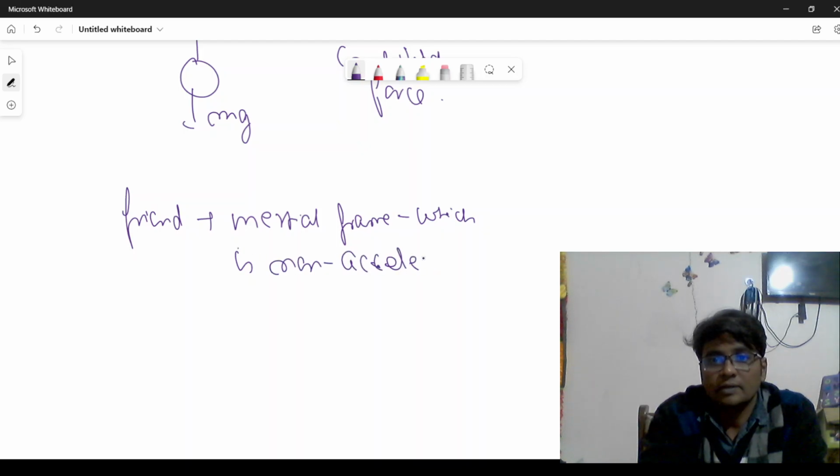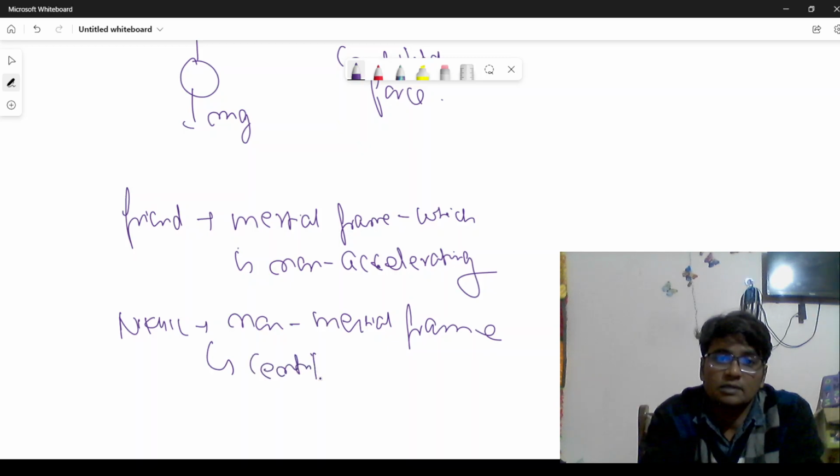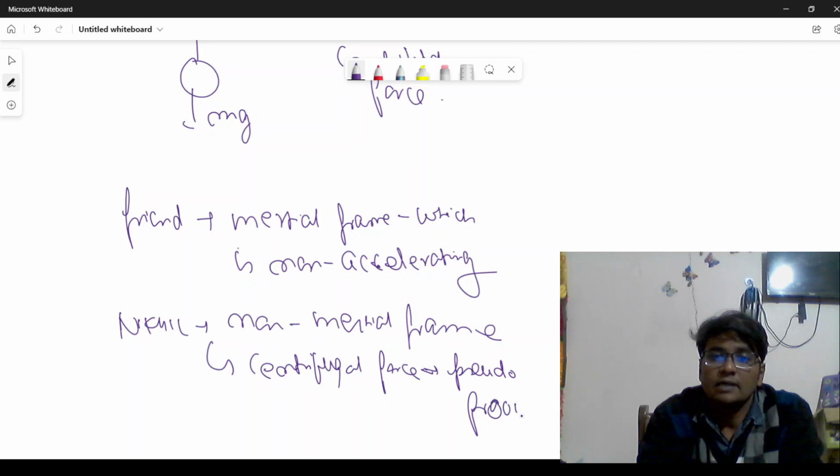And I myself am standing in the non-inertial frame. So for me it will be the centrifugal force, which is a pseudo force, and for him it will be the real force that is acting.